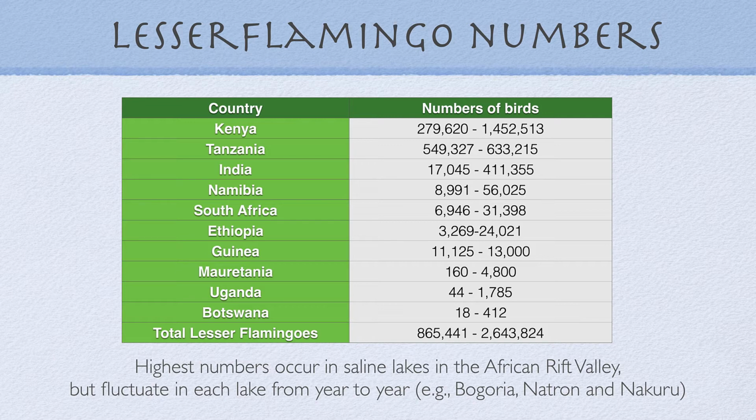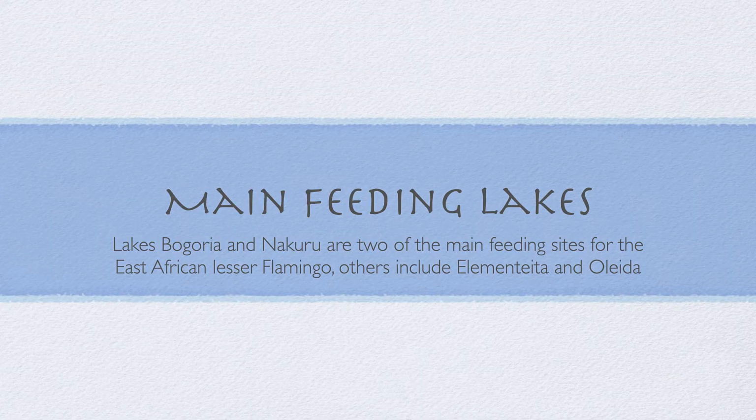But it's also obvious, looking at these numbers, that numbers of birds can fluctuate drastically according to the seasons. And we'll look at the reasons for this fluctuation in bird numbers across the range of the lesser flamingo. So let's have a look at where the birds tend to feed and the conditions and the food sources where they tend to flourish.